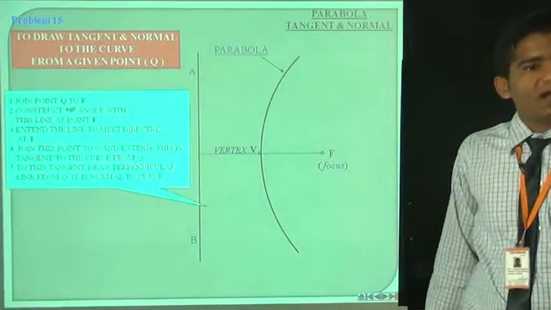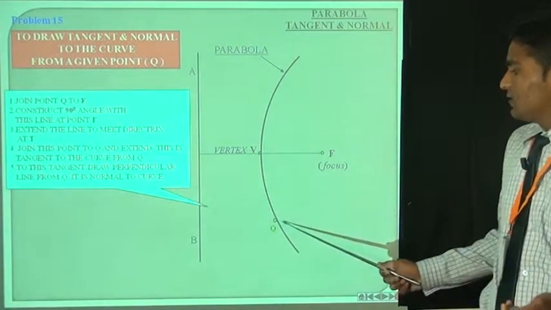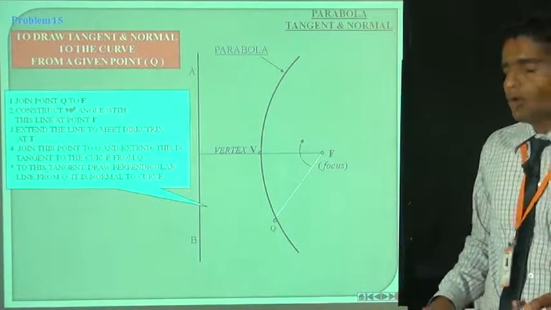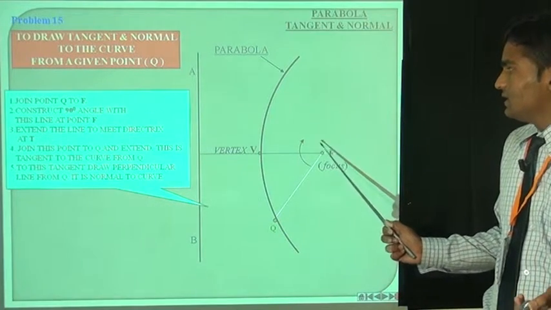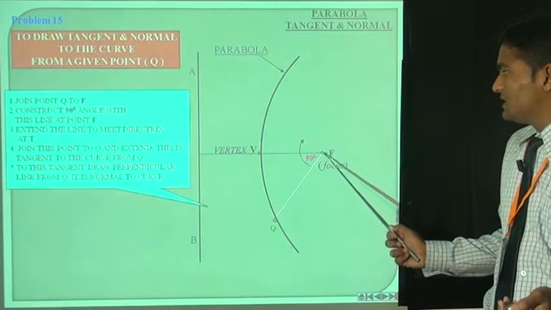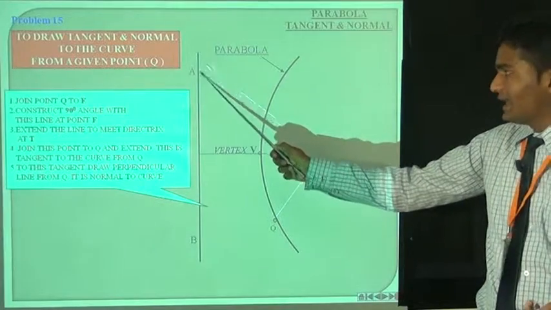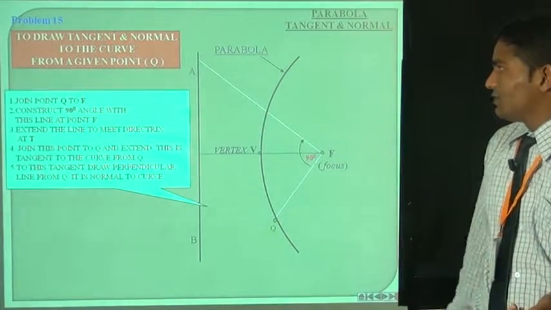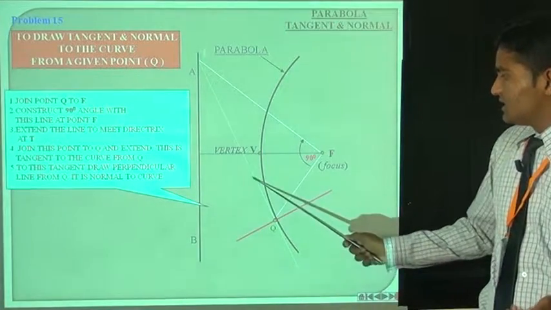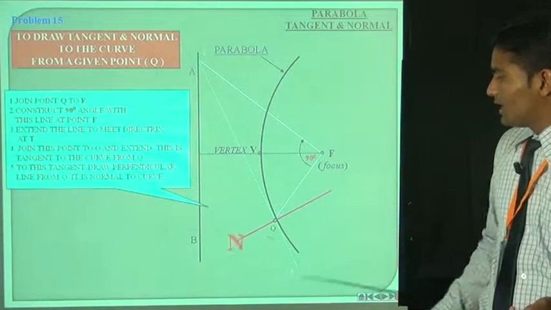So first of all, mark any point Q on the parabola and join this point to the focus, and then as in the previous problem, draw the inclined line at 90 degrees from the focus F. This line cuts the directrix at an intersection point. From this point, draw the line which passes through the point Q. So this is the tangent of this parabola, and this is the normal of the parabola.